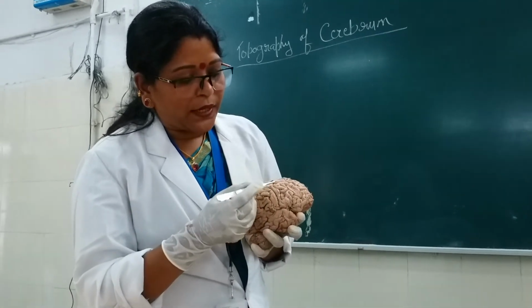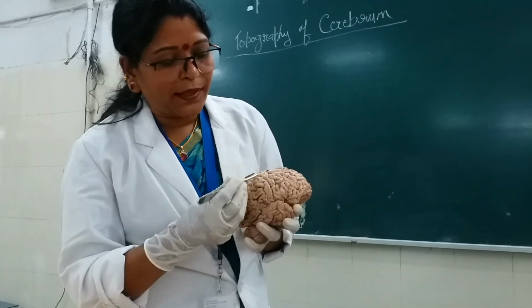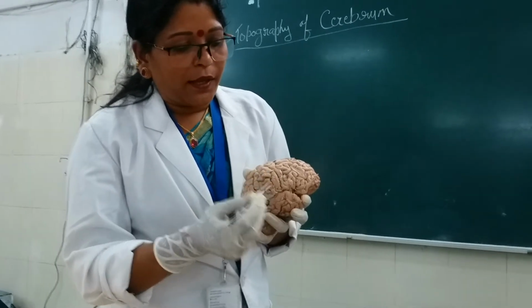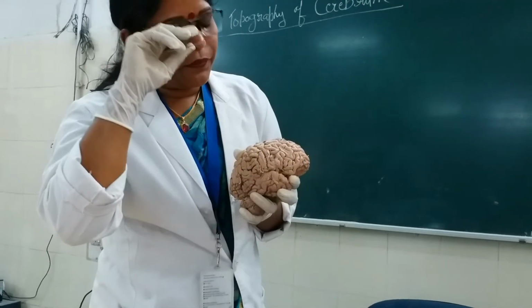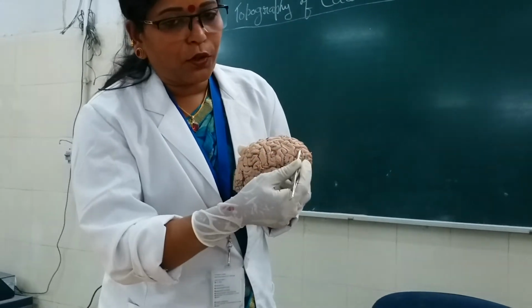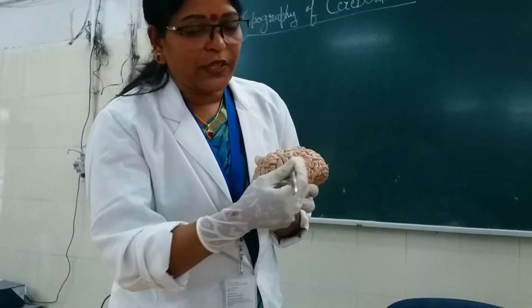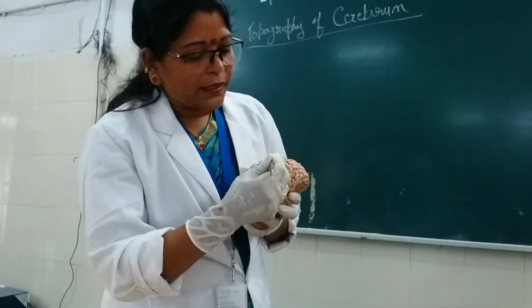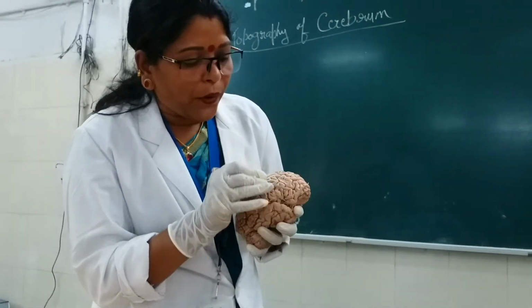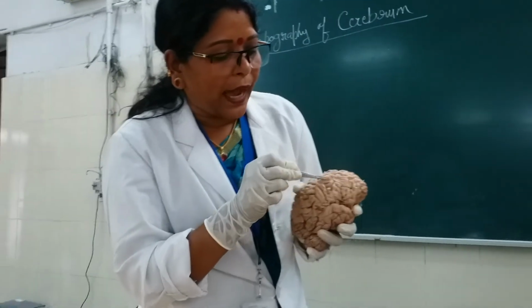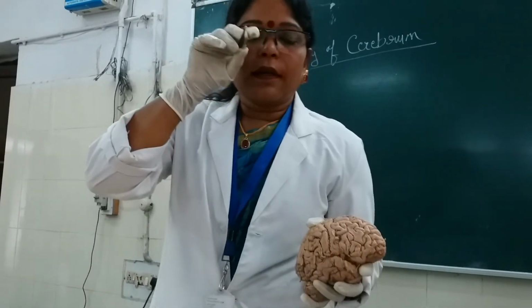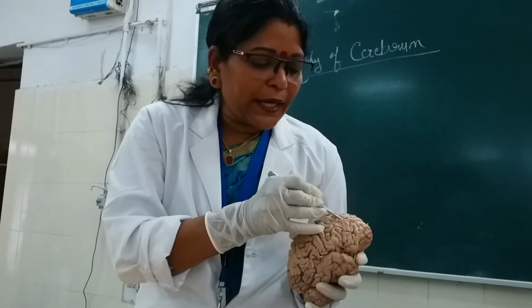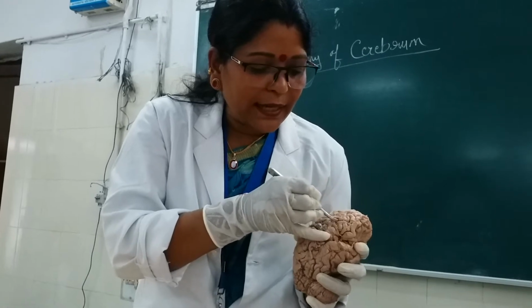The precentral gyrus as well as the postcentral gyrus are transversely placed. But the other gyri on the frontal lobe are running anteroposteriorly like this. There are three main gyri running anteroposteriorly on the frontal lobe, and these three gyri are divided by two major sulci here.